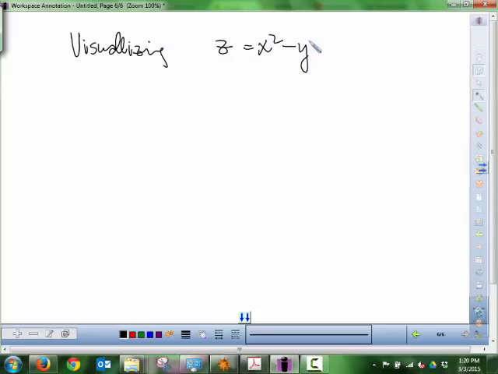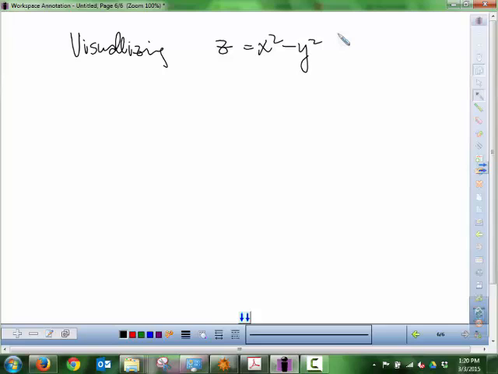So let's think of another method of visualizing the saddle. Assuming that we don't know anything about the saddle, how can we visualize this?